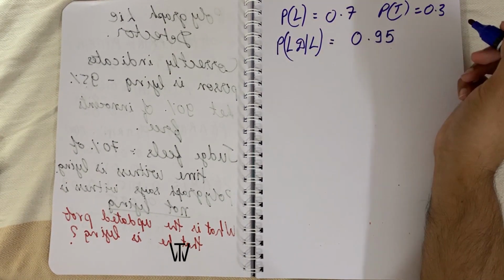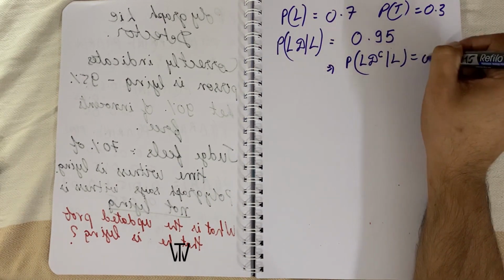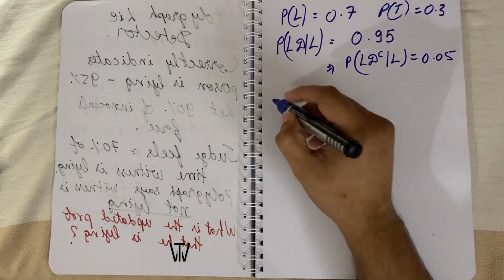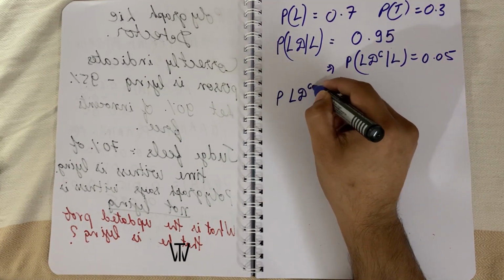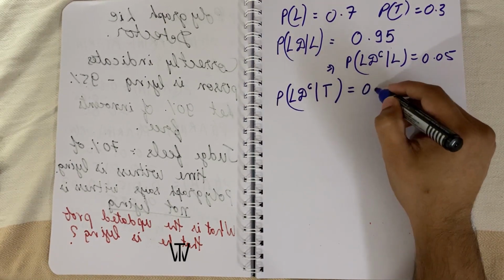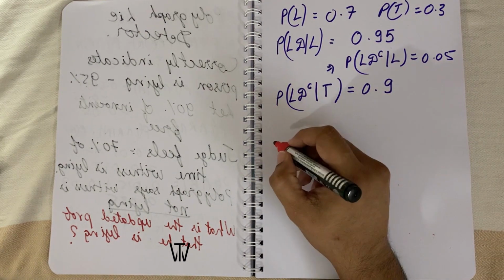So P of LD given L equals 0.95, which implies P of LD complement given L equals 0.05. It is also given that P of LD complement given that the person is speaking the truth is 0.9. So P of LD complement given T equals 0.9. LD here indicates that the lie detector says that the person is lying.